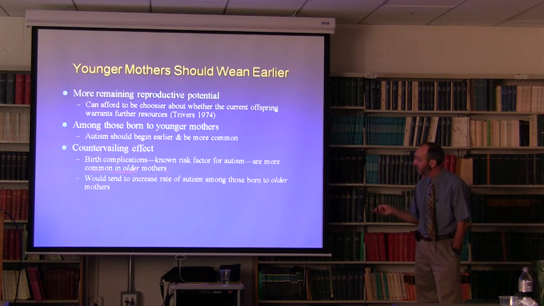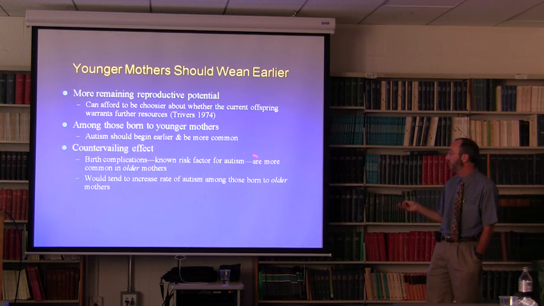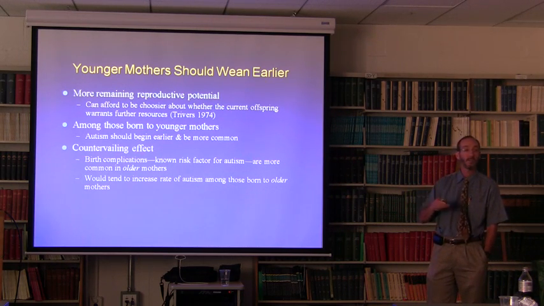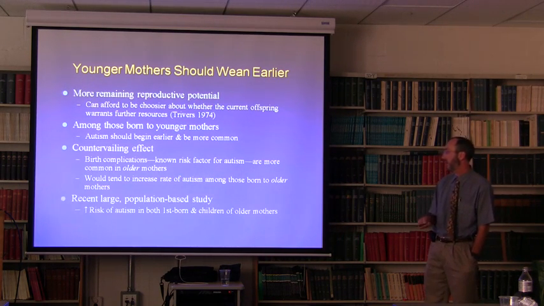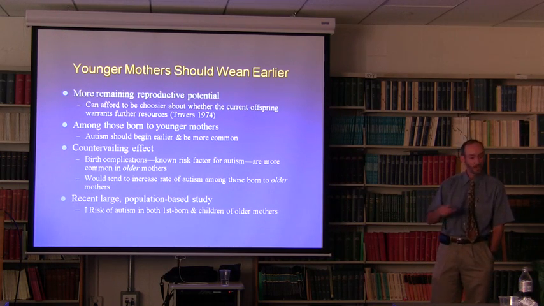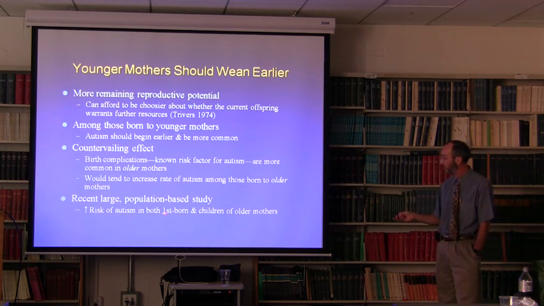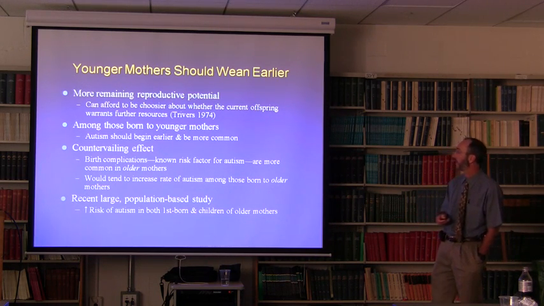There's a countervailing effect, though. Birth complications, a known risk factor for autism, are more common in older mothers. So this would tend to increase the rate of autism among older mothers. And this could explain why a recent, large, population-based study showed that the risk for autism is higher in both firstborns and the children of older mothers, but not those in between.